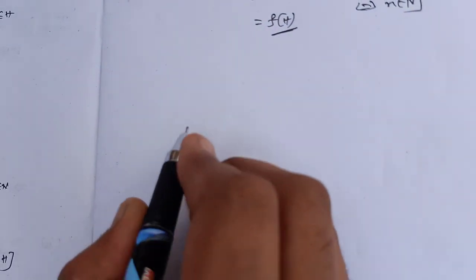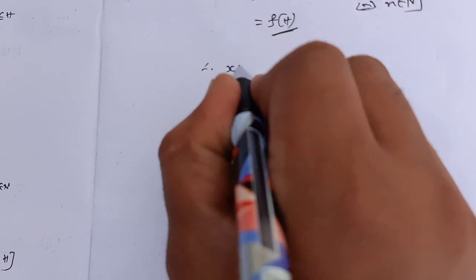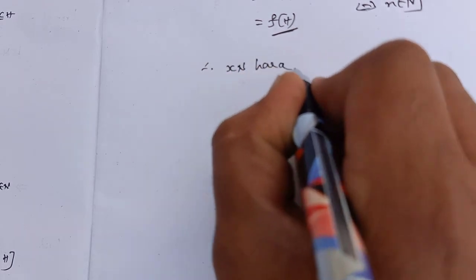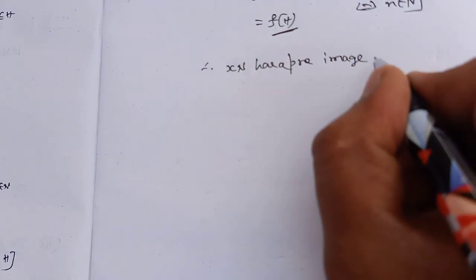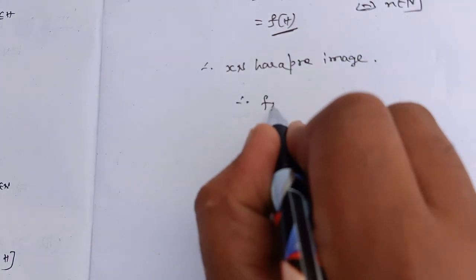So therefore xN has a preimage, therefore f is onto.